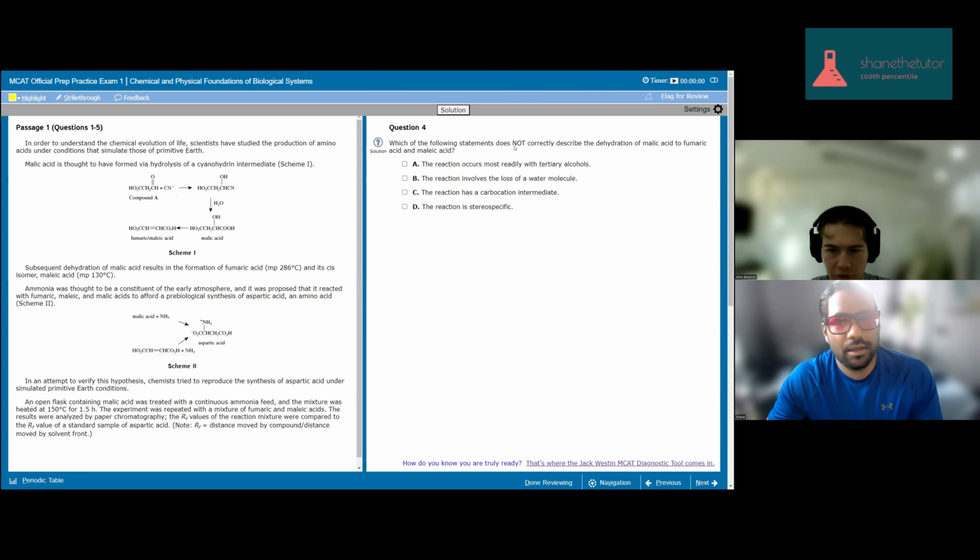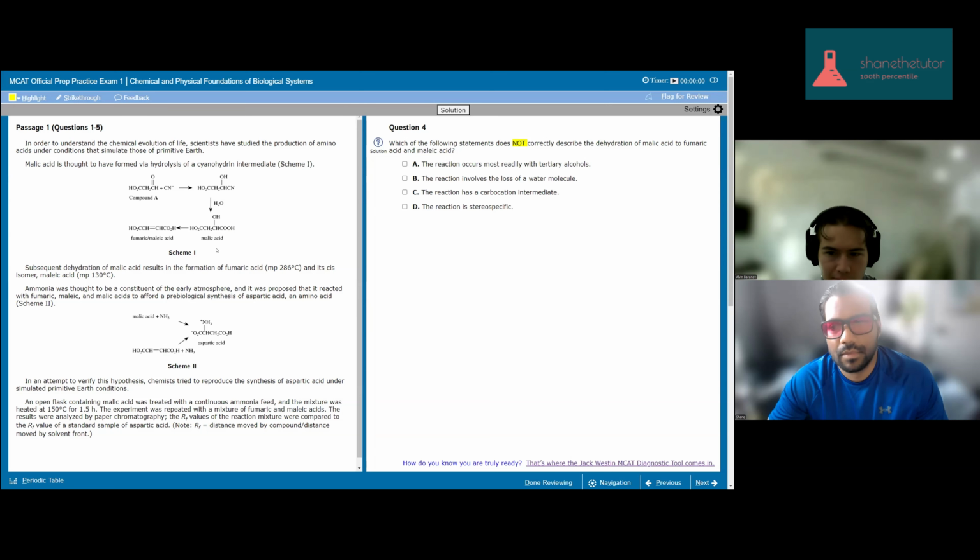All right. Which of the following statements does not correctly describe the dehydration of malic acid to form fumaric and maleic acid? So, the reaction occurs most readily with tertiary alcohols. Okay, I think I put that.